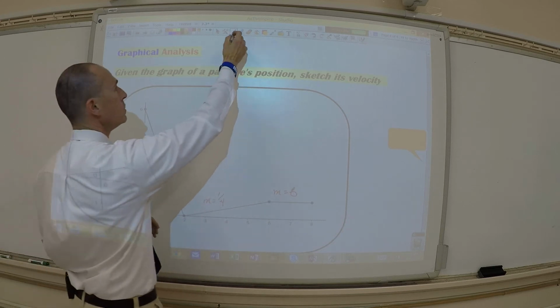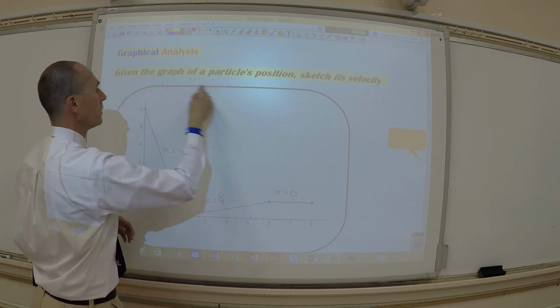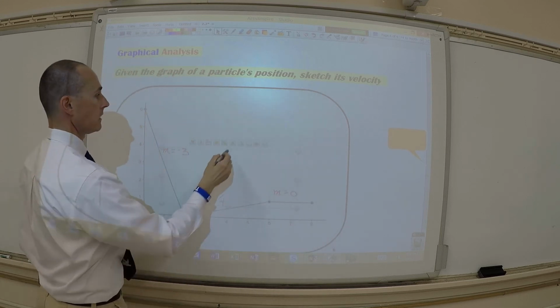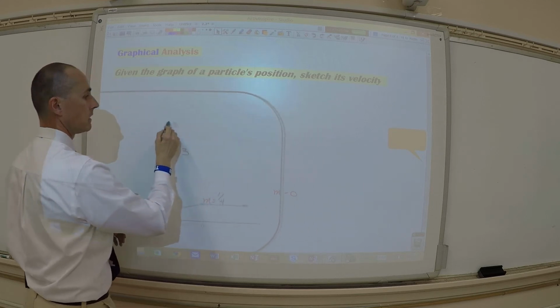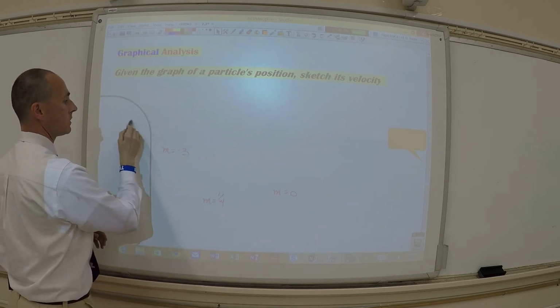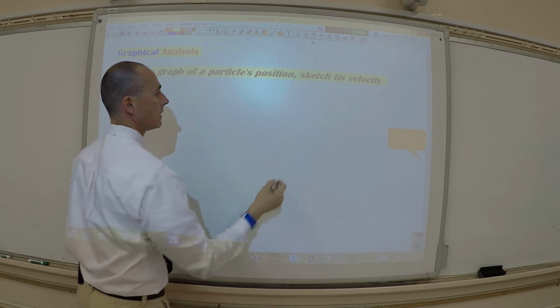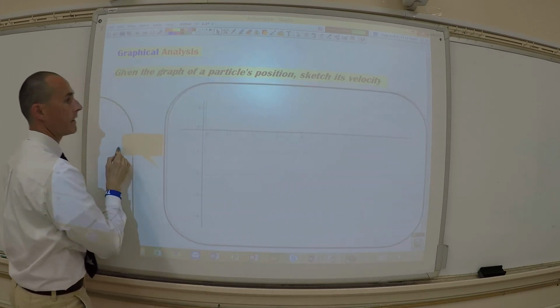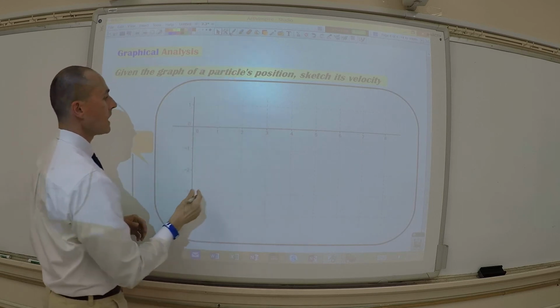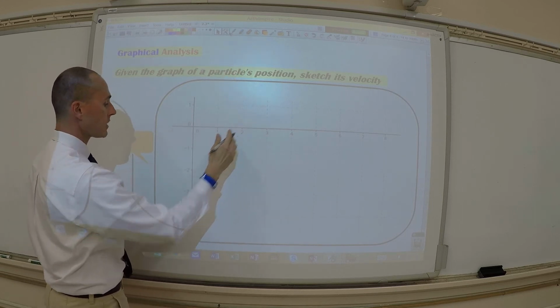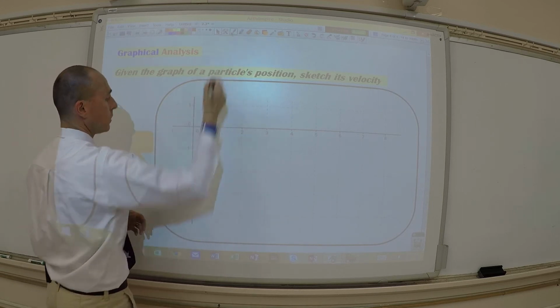So let me actually move this graph out of the way. And let's see if it'll let me do that. Whoops. And we'll just clear out our values and bring this graph in. Okay, this is just a new graph where we would graph our velocity function. So from 0 to 2, the entire time, our velocity was negative 3.